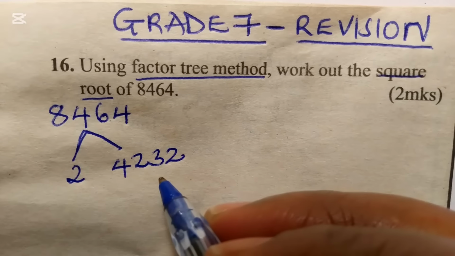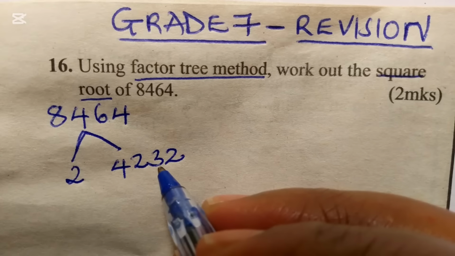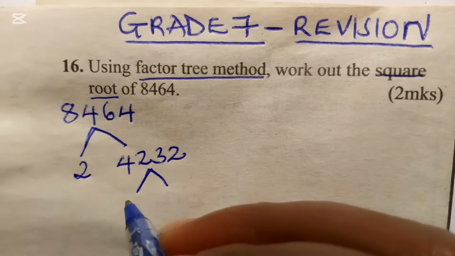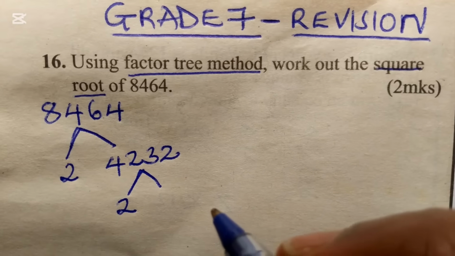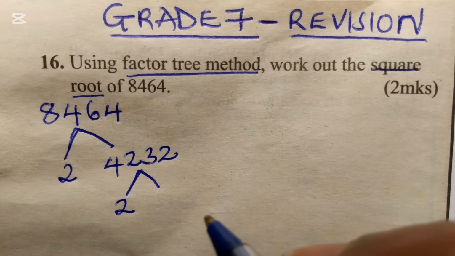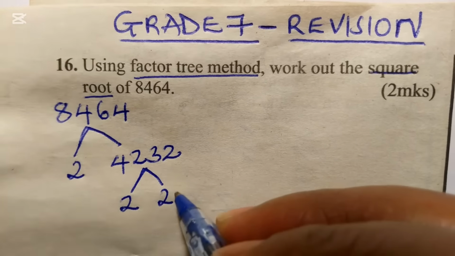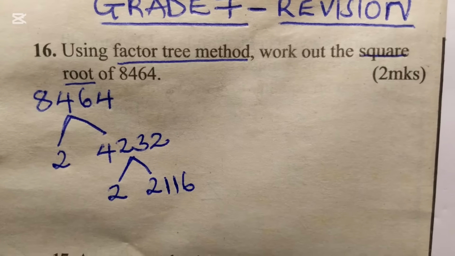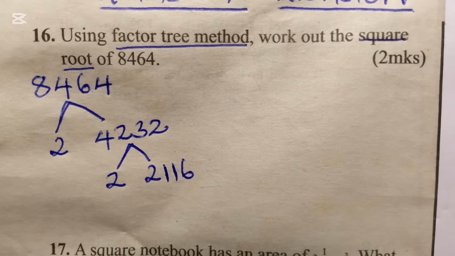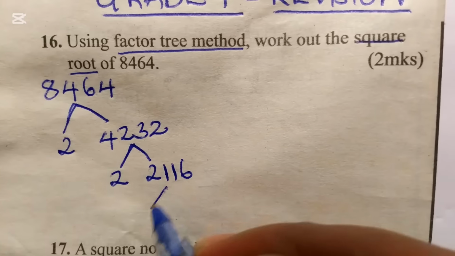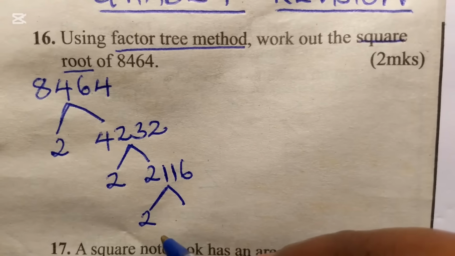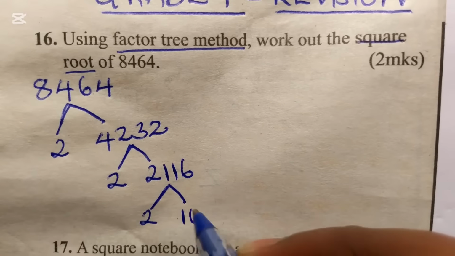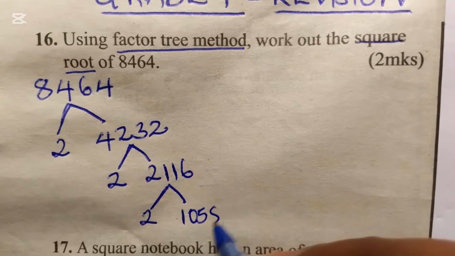So you write 4,232, and we proceed. Check whether 2 can divide the number, and it's divisible by 2. So dividing by 2 will have 2,116. We proceed further and check whether 2 can divide the number again. Yes, it will be divisible by 2 to have 1,058.